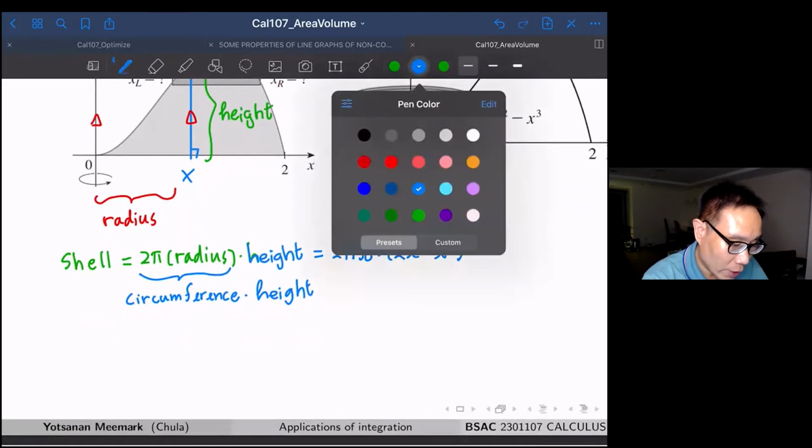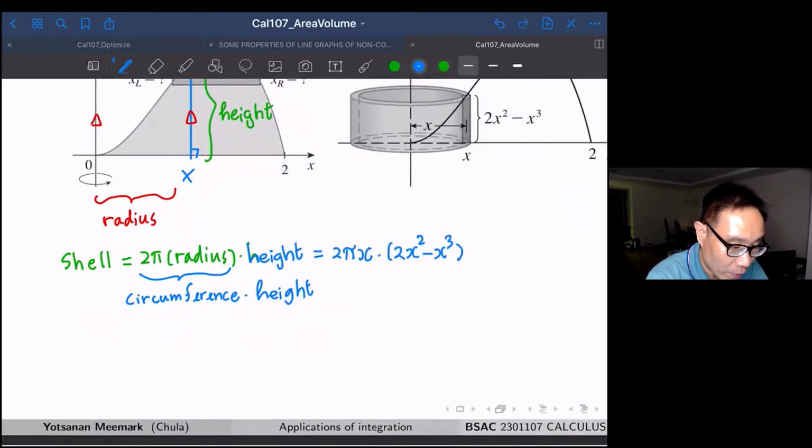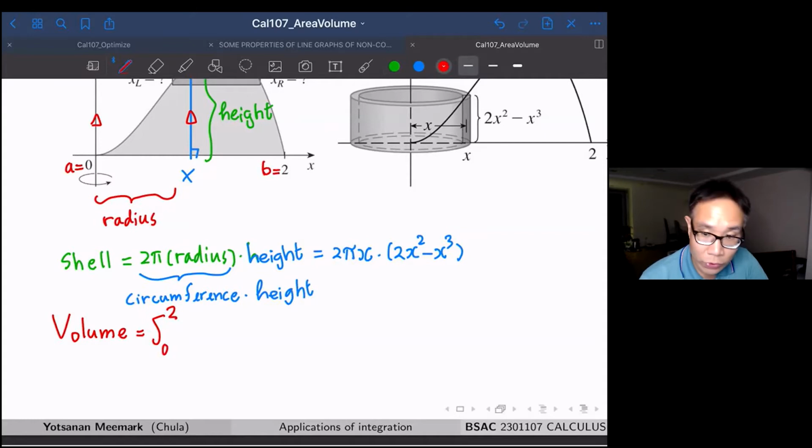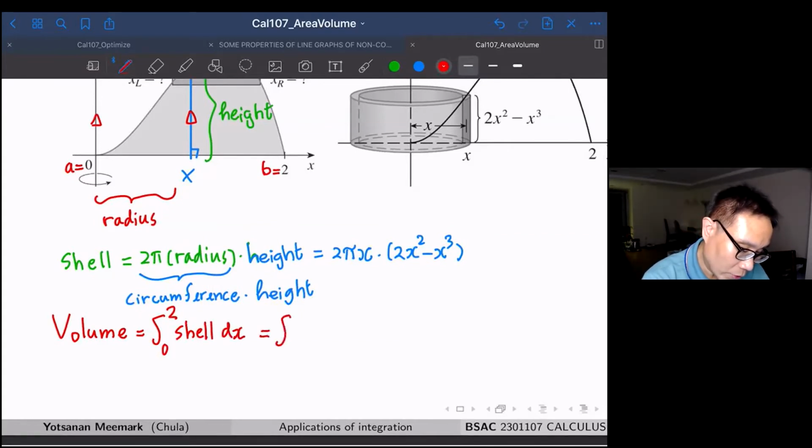So you're going to have the volume equal to the integral from 0 to 2. Okay, so this will be your a and your b. Integrate from 0 to 2 of the shell, and it's going to be dx in this case, which is the thickness. So you get the integral from 0 to 2, and you copy this shell down.